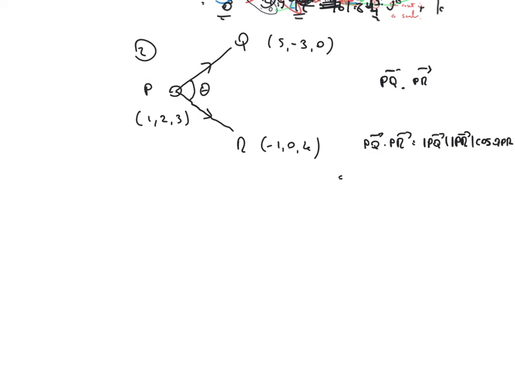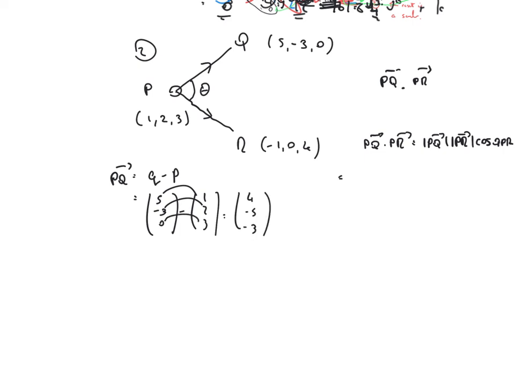Now, PQ is a position vector, so we'll need to do Q minus P. So that's going to be 5 minus 3, 0, minus 1, 2, 3. 5 minus 1 is 4, minus 3 minus 2 is minus 5, and 0 minus 3 is minus 3.